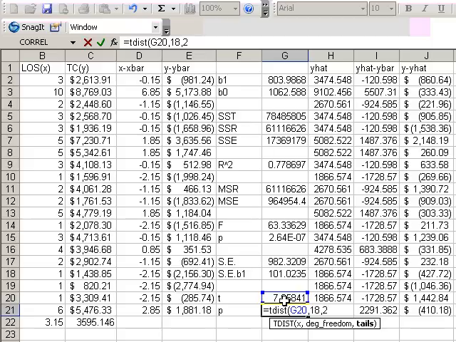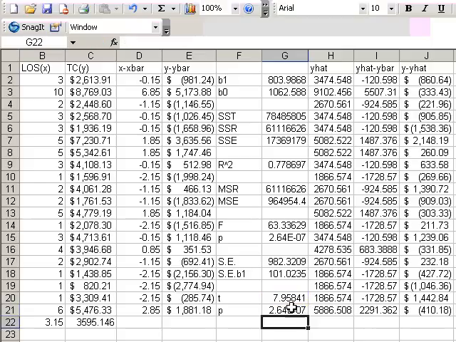In regression analysis, the test for the coefficient is always a two-tailed test. When I hit enter, we can see that this value, this probability, and this probability are exactly the same.